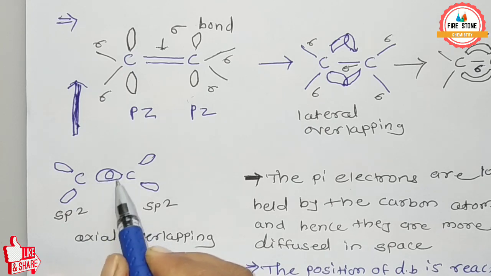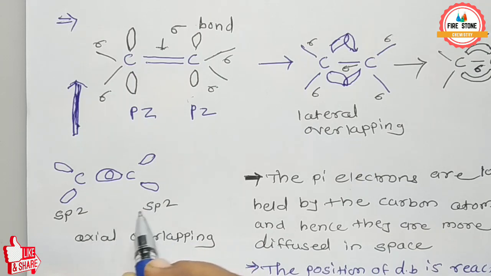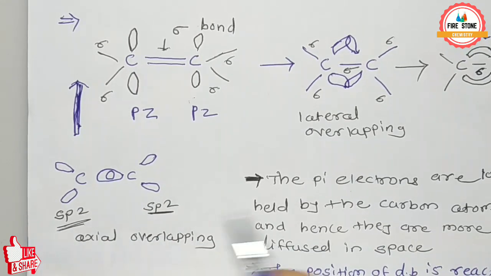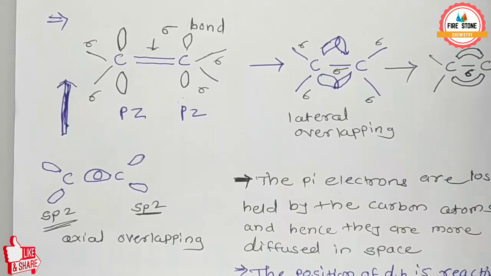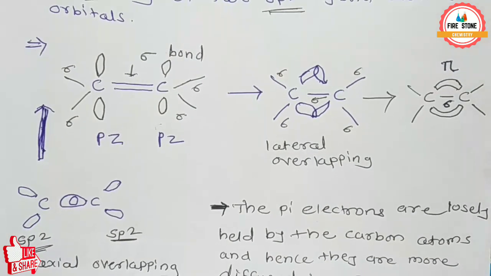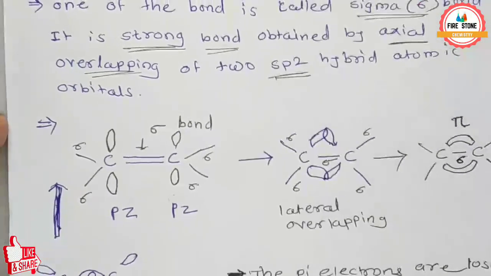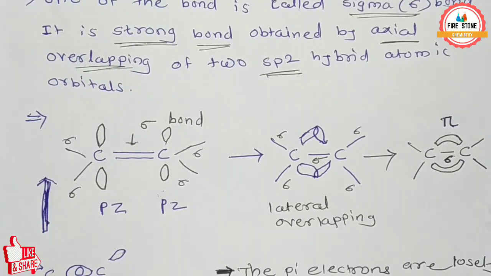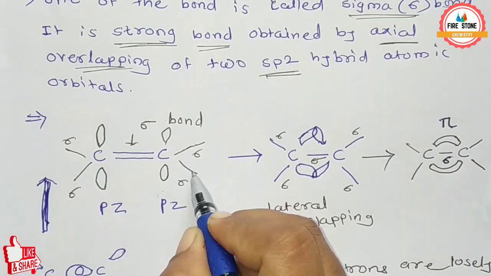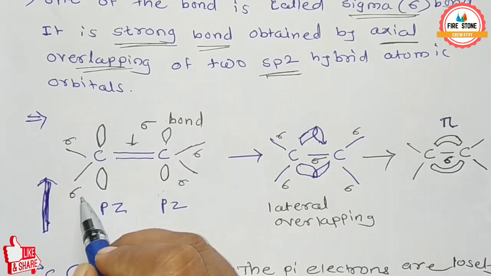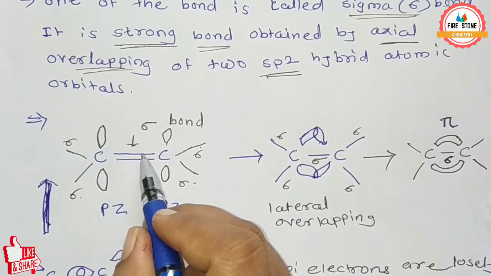Here the sigma bond and pi bond, these 2 are sigma bonds, and these are the sp2 hybrid orbitals. Again this carbon double bond carbon and these single bonds are sigma bonds.